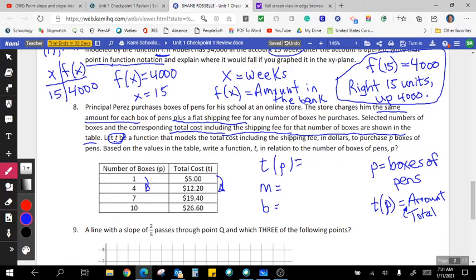So the change here for p is plus 3. The change here for t is going to be plus 720.